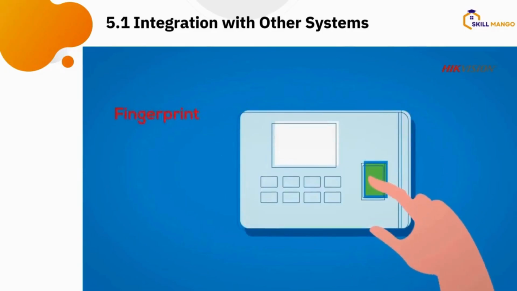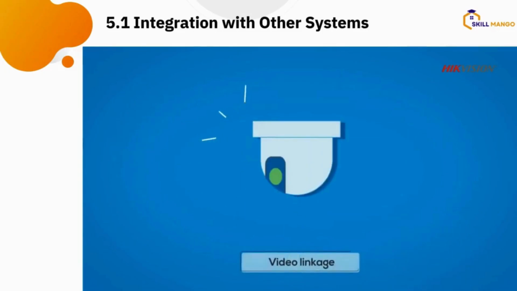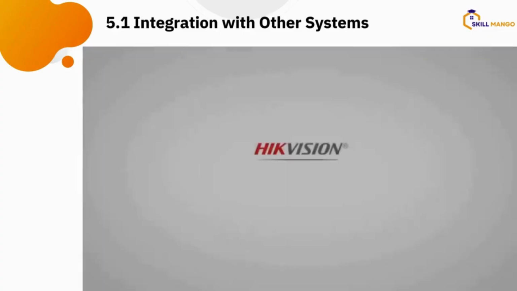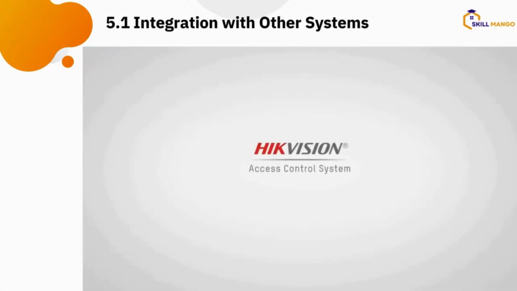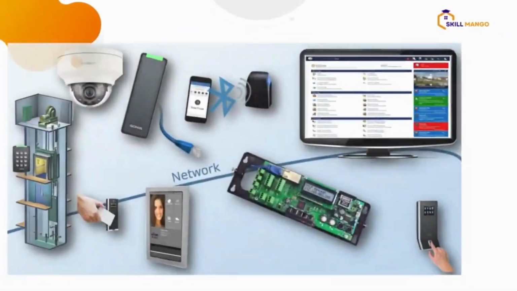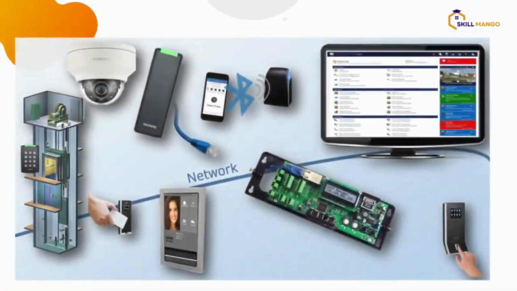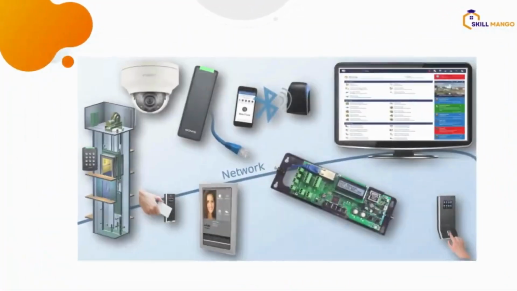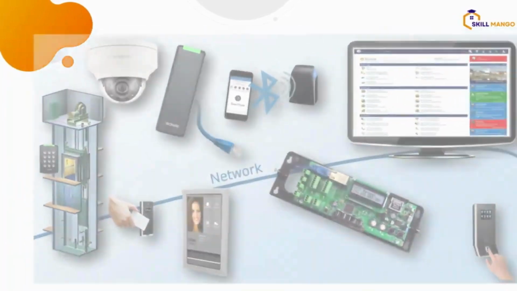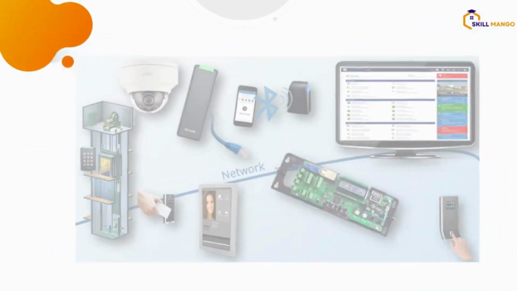So when you put your thumb or flash your card, the camera focuses on you directly and starts recording you and capturing all the images. Also, on unauthorized access, when unauthorized people try to flash their card or try some funny things, the camera can be configured to look at those events automatically.